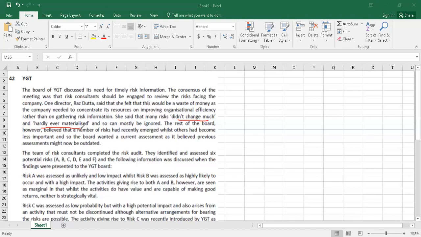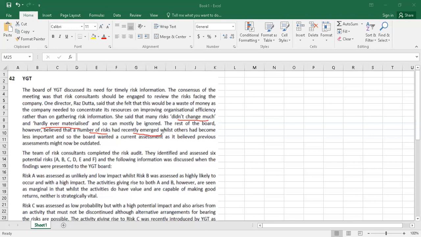And already the other board members have expressed that a number of risks had recently emerged, which means that the situation is changing, new things are emerging.